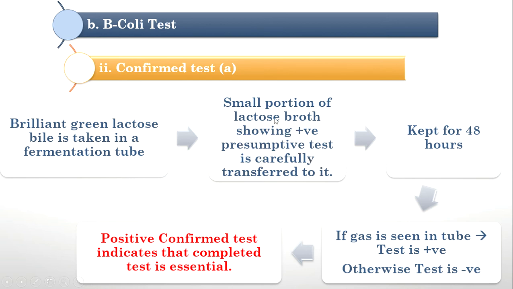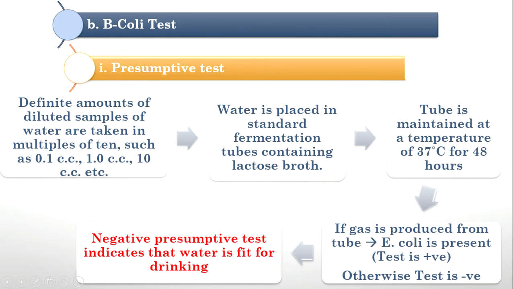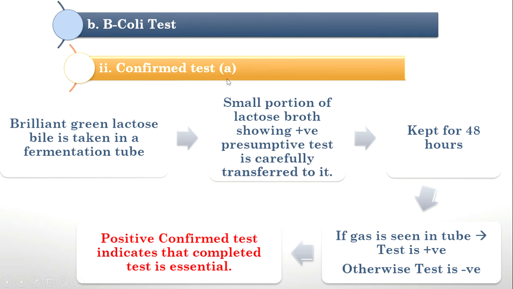So earlier we did the presumptive test, and the tube that showed a positive result is carefully taken and placed in this brilliant green lactose bile. It is kept for 48 hours. If gas is seen in the tube, then the test is positive, otherwise the test is negative.